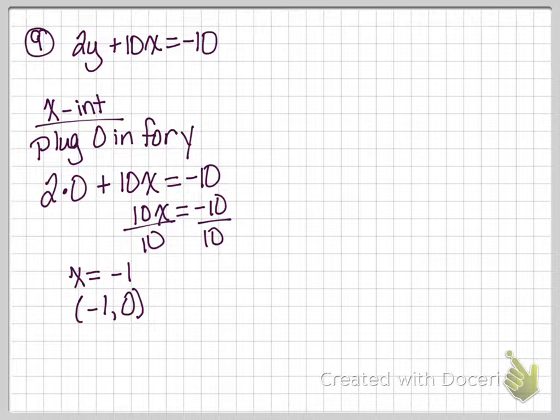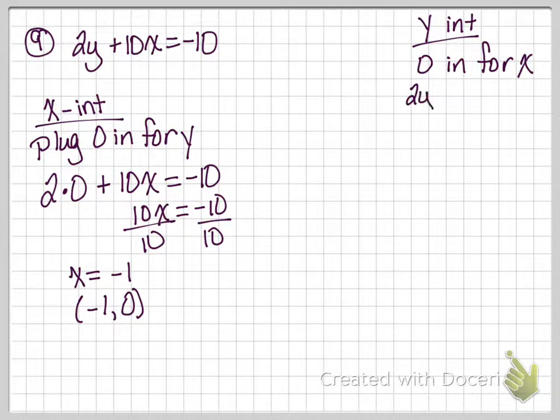Negative 1, 0. Okay? Now, for my y-intercept, I am going to plug 0 in for x. I do the opposite. So I have 2y plus 10 times 0 equals negative 10.